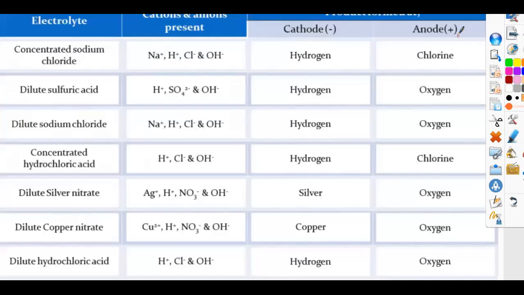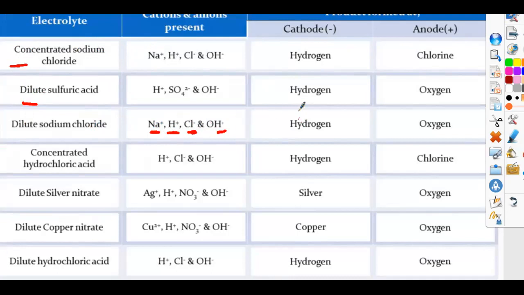Ask yourself, will it be the same result if the solution is diluted or concentrated? Let's take, for example, concentrated sodium chloride and diluted sodium chloride. In diluted sodium chloride we have Na positive, H positive, chlorine, and OH negative.